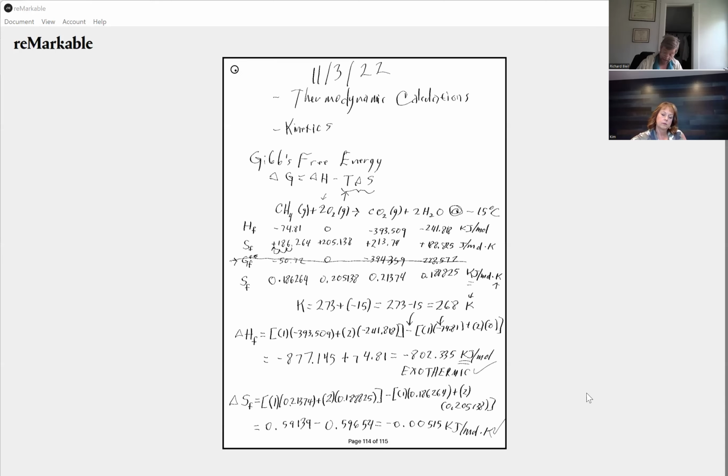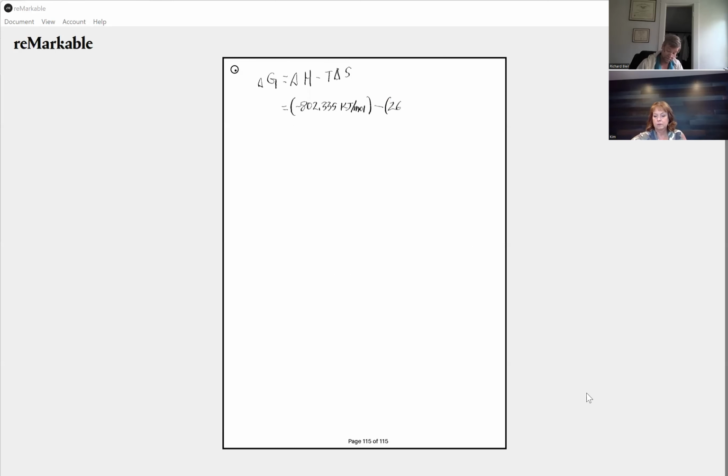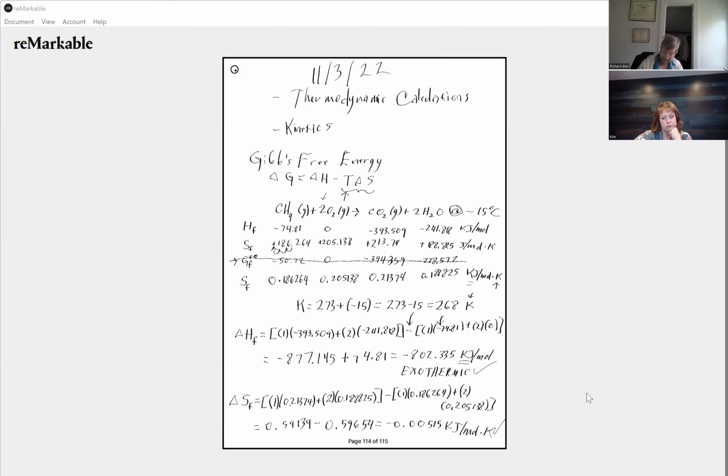Our temperature, we decided, is 268 Kelvin, with an entropy of negative 0.00515.